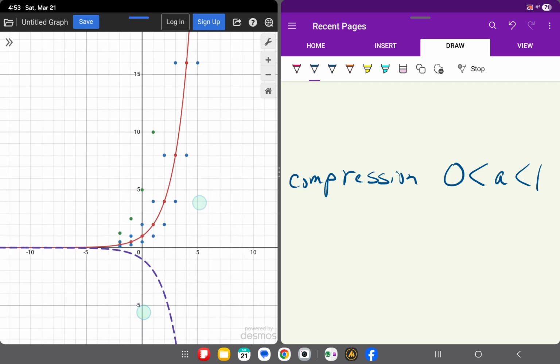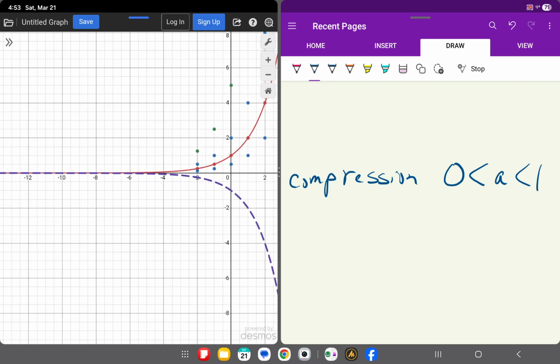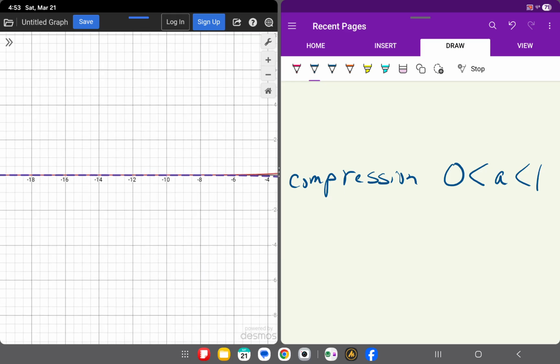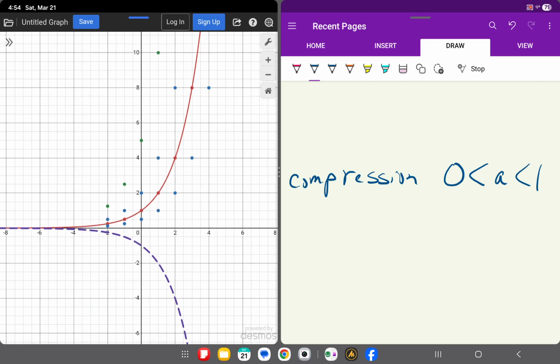All right, so we can basically see that it has the same asymptote. We can look at our value of a, and that is going to tell us where it's going to cross our y-axis, because that's going to be our initial value of our function. But we can also see that it looks like it is just reflected.